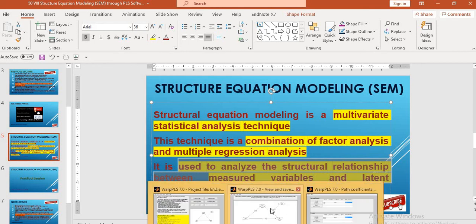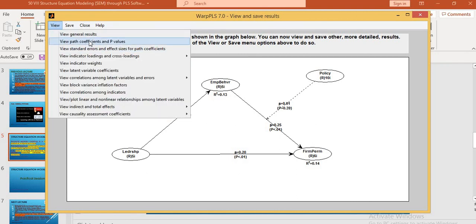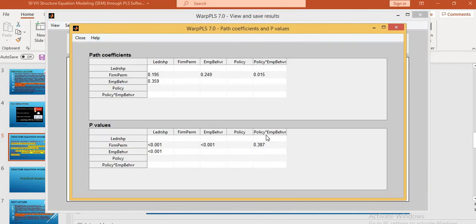All this definition I have shown you through some practical sessions, and it was very important when we saw that by changing the structure, one relationship went from significant to insignificant.